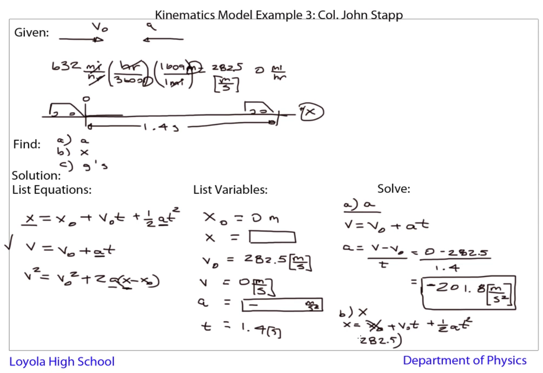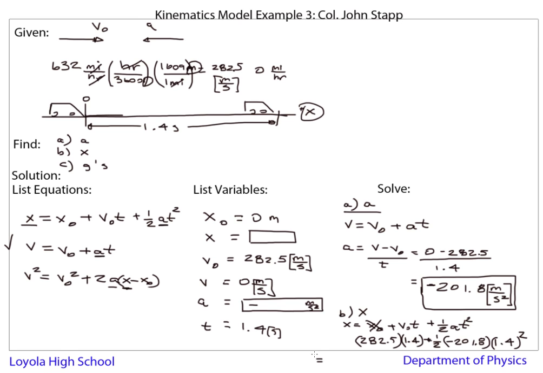282.5 times 1.4 plus 1/2 negative 201.8 times 1.4 squared. That's a common mistake, to forget the square.